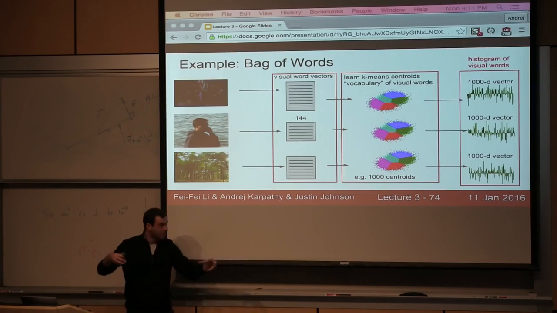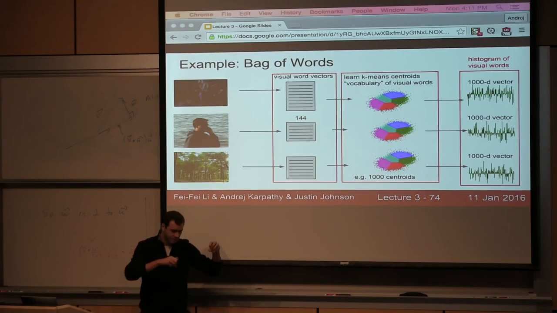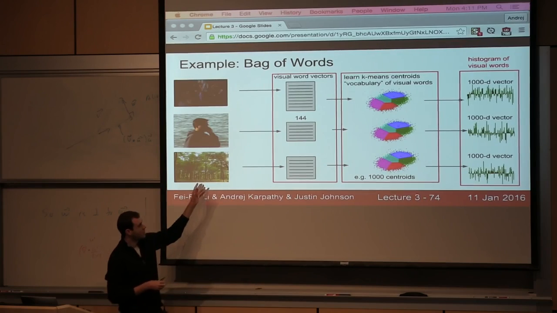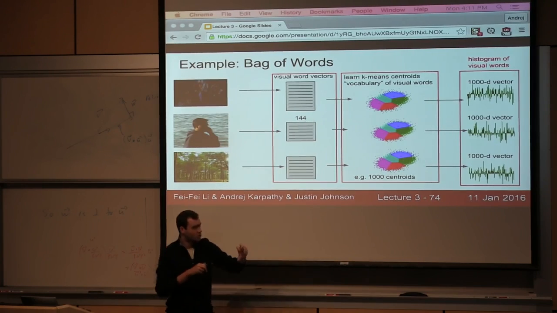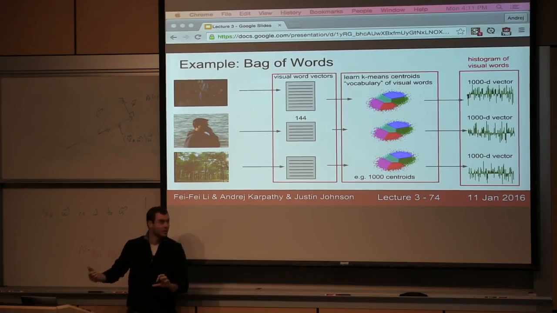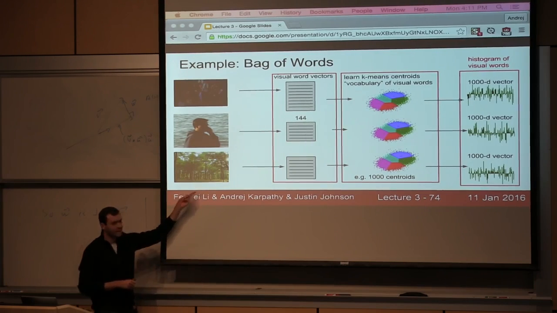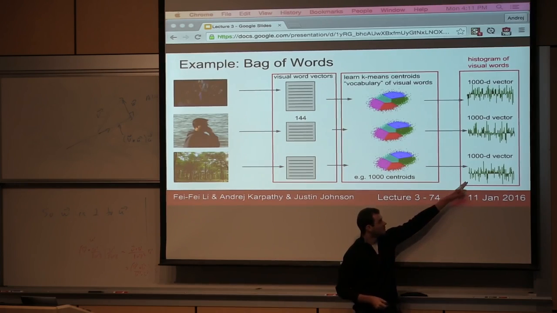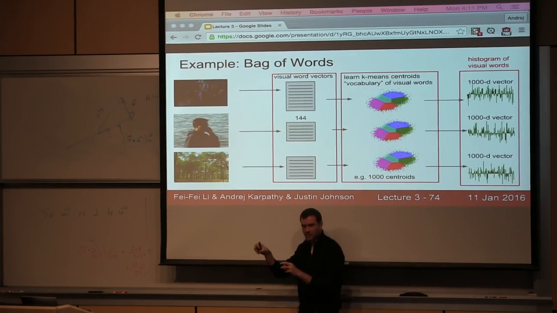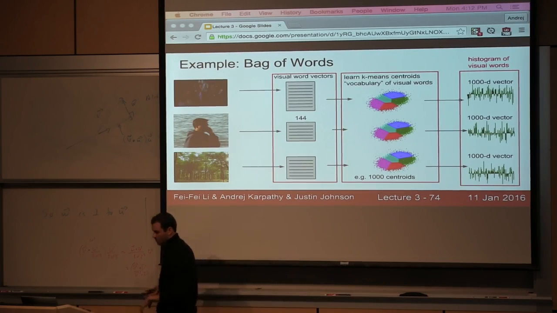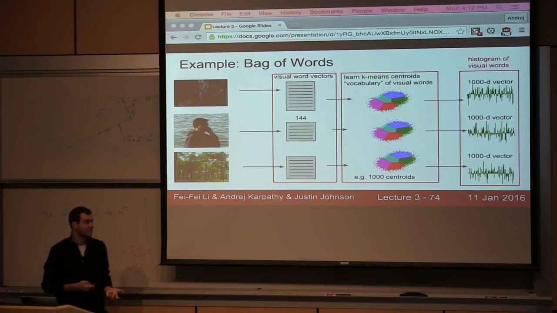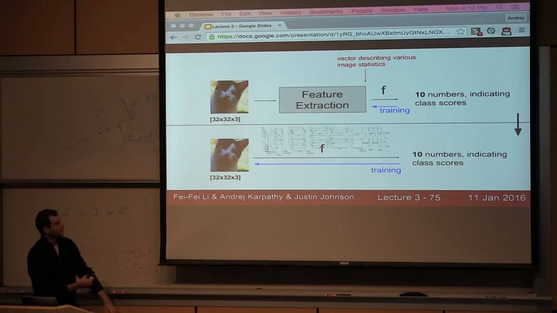You end up with centroids using k-means of what kind of stuff we see in images, and then we express every single image as statistics over how much of each thing we see in the image. For example, this image has lots of high frequency green stuff, so you might see a feature vector that has a high value in high frequency and in green. Then we took these feature vectors, concatenated them, and put a linear classifier on them.